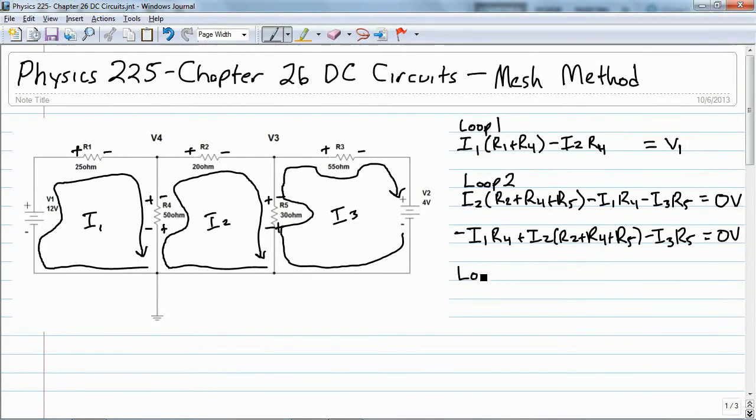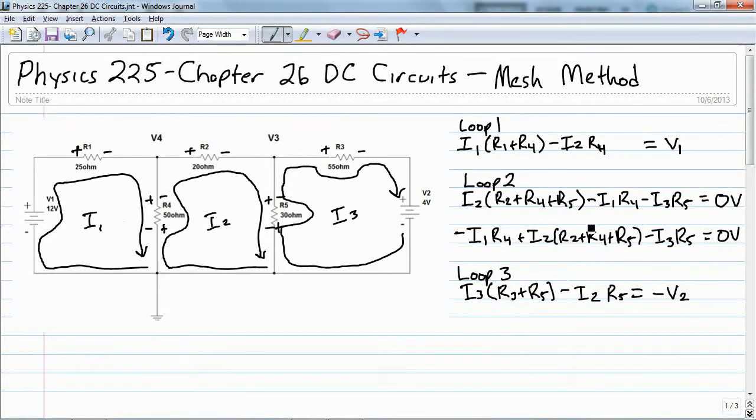And for loop 3, I say, well, I have I3 times R5 and R3 connected, minus, and the only loop it's sharing is with loop 2, and I'm going to have R5 as the common, and that's going to equal, as I go around the loop in a clockwise direction, I get to this voltage source, V2, and I have to jump over, so it's equal to negative V2.